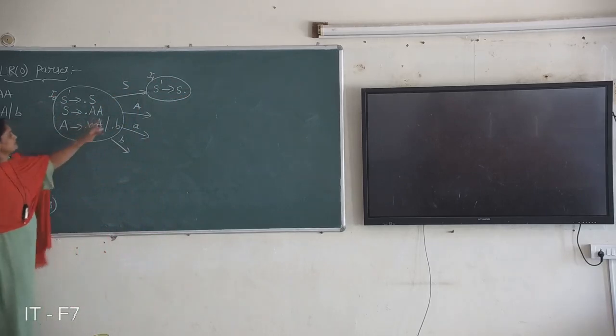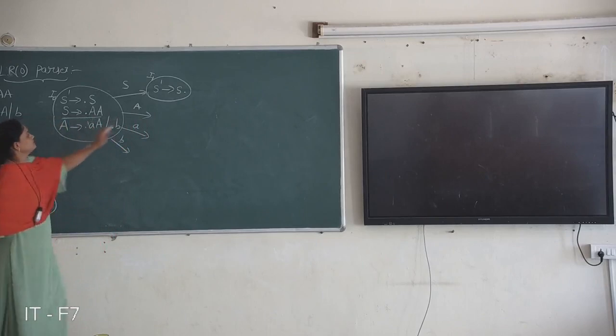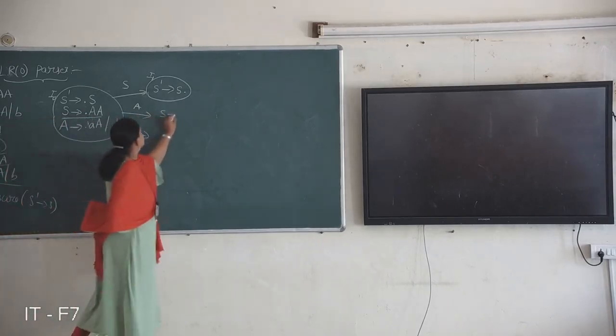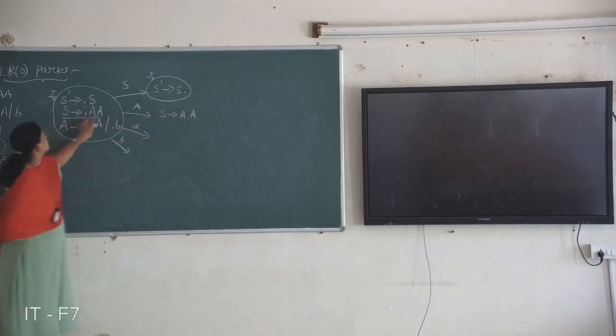Okay, next do like that. You can also do the transition on A next. On this production, applying A, you get S derives A.A, just moving the dot from here to here.